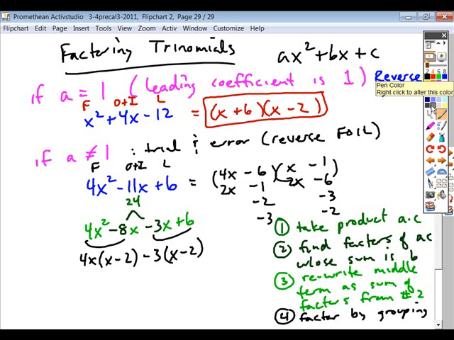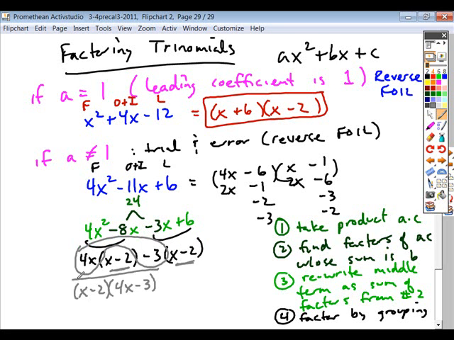If I've done this right, I'm going to have a common binomial factor. So x minus 2 can come out. And then what's left for my remaining factor? 4x minus 3. Okay, so here is my final solution. Now, if we had done this by hand, it would have taken us 4 attempts before we found the right one. Okay, so it's a little more efficient to do it this way.